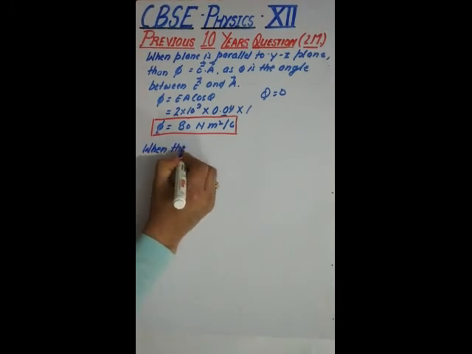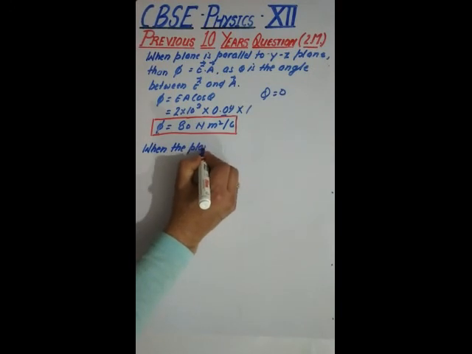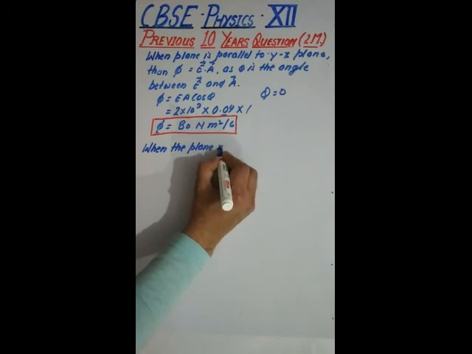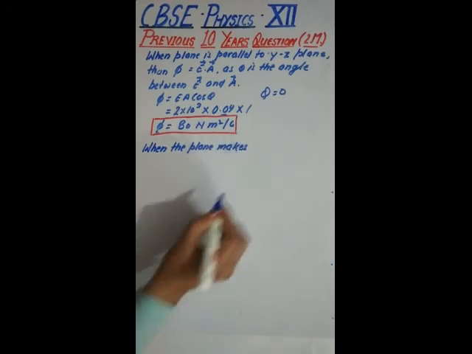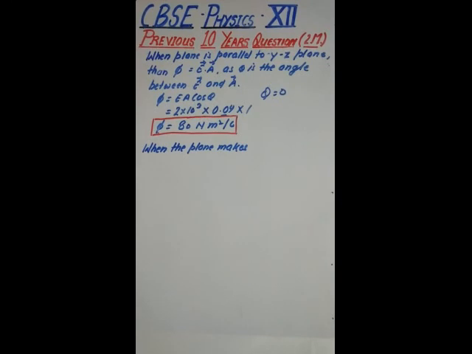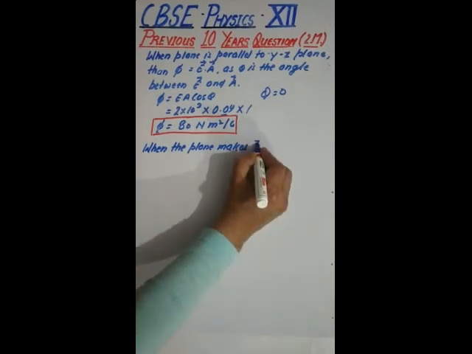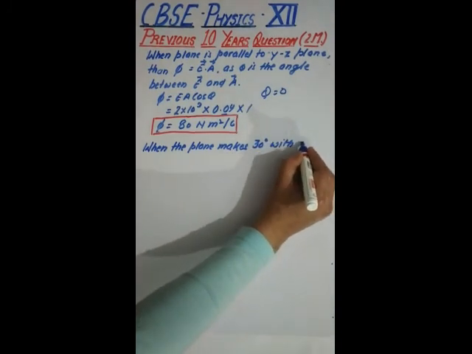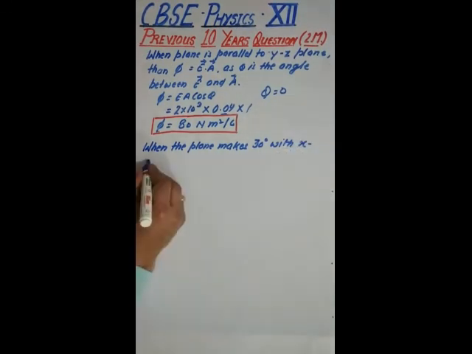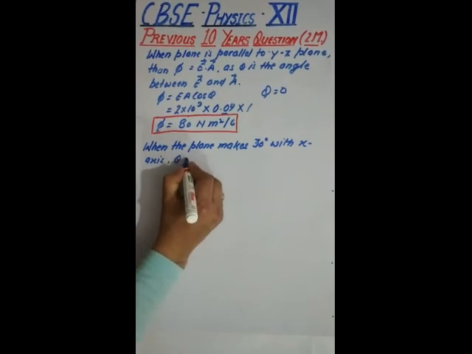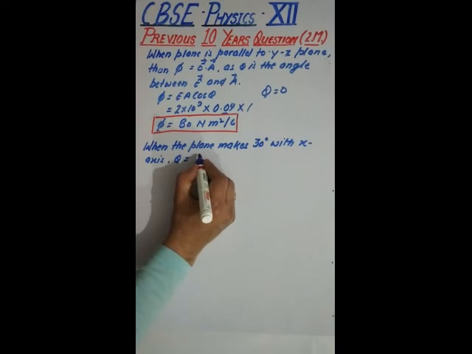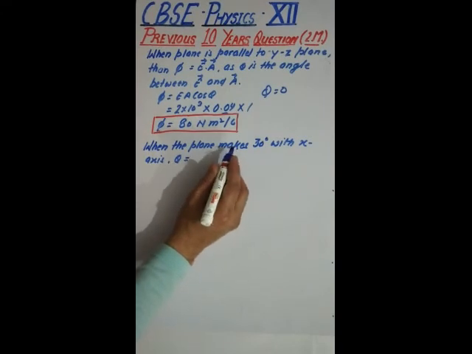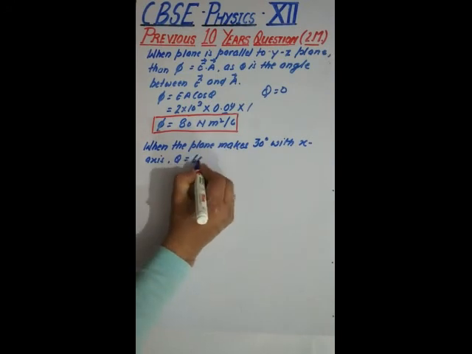When the plane makes 30 degree with the x-axis, theta will be again 60 degree. How? 90 minus 30, so 60 degree.